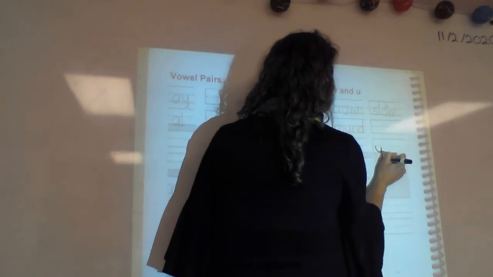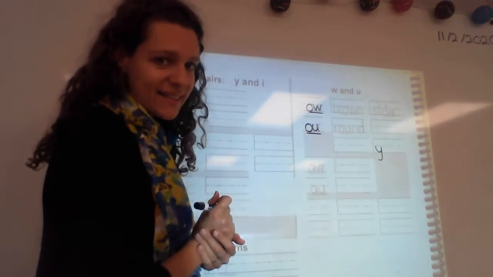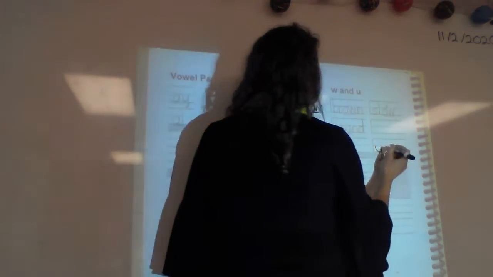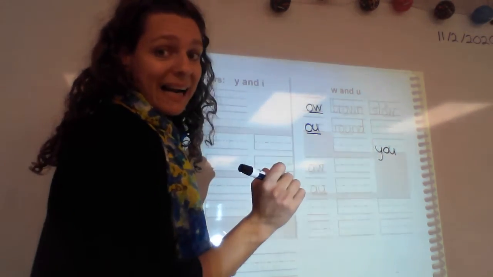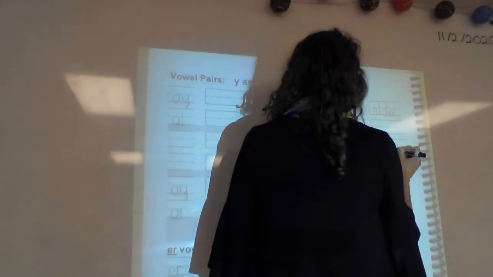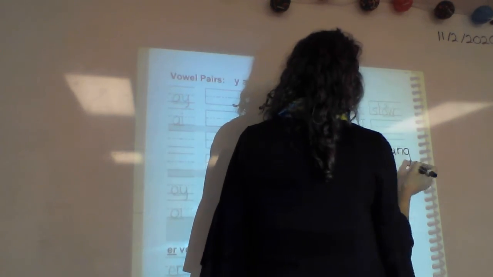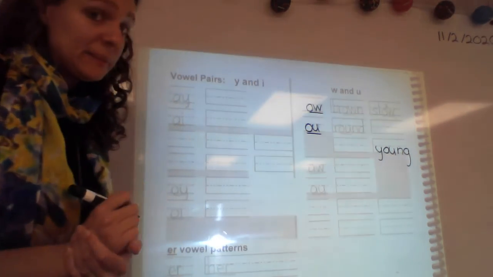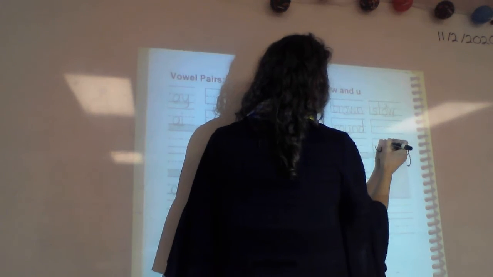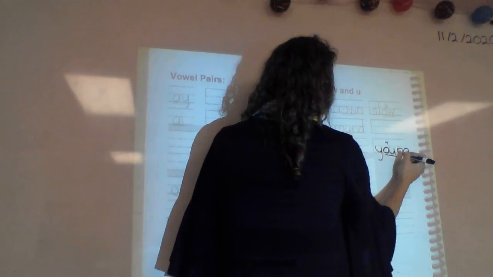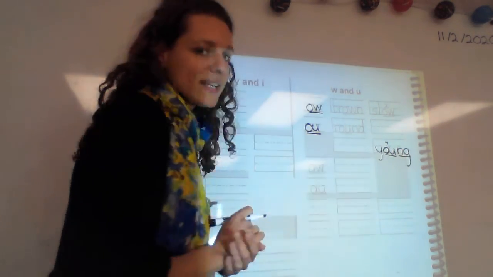Good, ow, o, oo. And then go to the beginning and mark it. We already said it's saying its fourth sound, so we know it needs its little 4 on top.